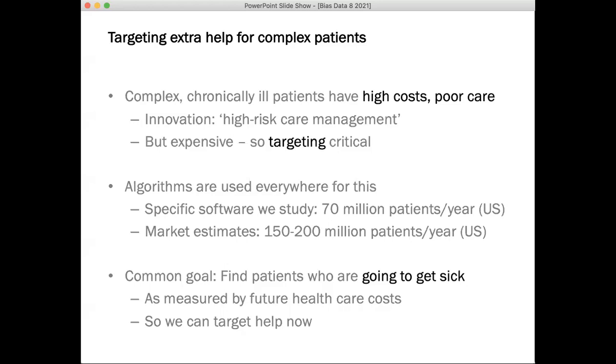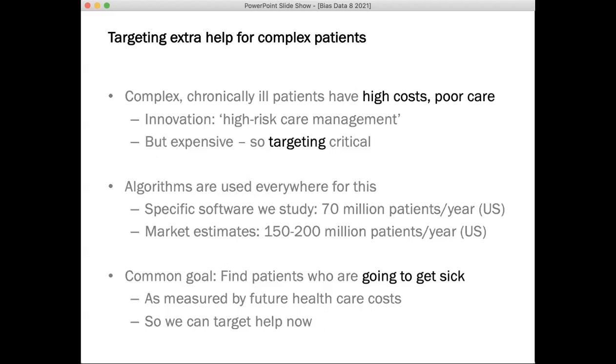So that same infrastructure is basically ported over to healthcare, where algorithms trawl through a ton of the healthcare data that we have on a given patient and make a prediction on whether they're going to get sick, as measured by, do they come into the hospital for ER visits and rack up a lot of costs when they do get sick. And those predictions about healthcare tomorrow are being used to target that extra help today. So if you're the kind of person that looks like you're going to get sick, according to that algorithm's prediction, then you're the kind of person who's going to get prioritized for access to this extra help program.